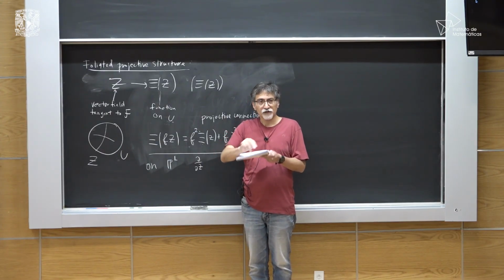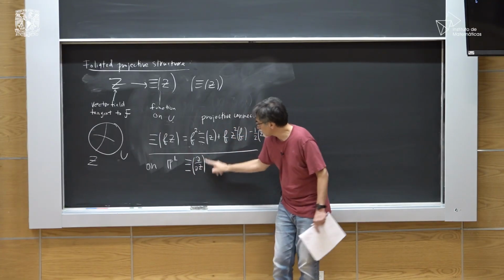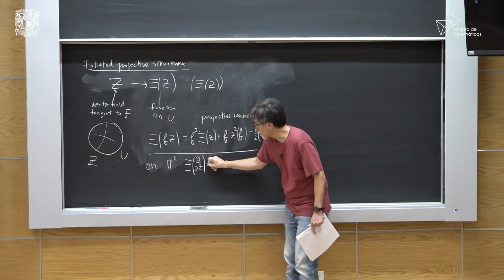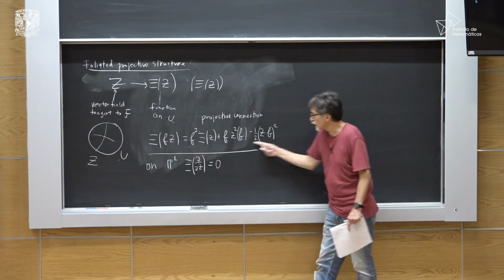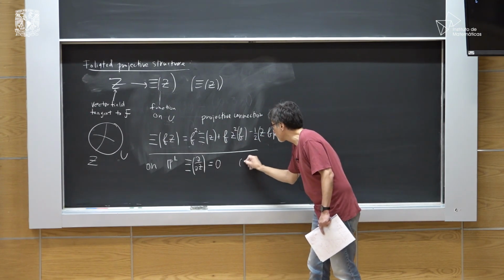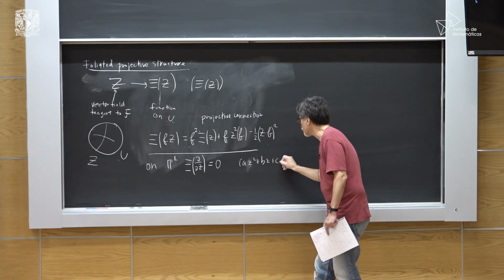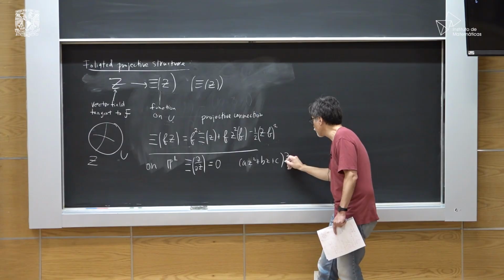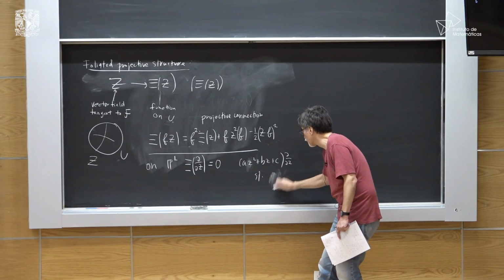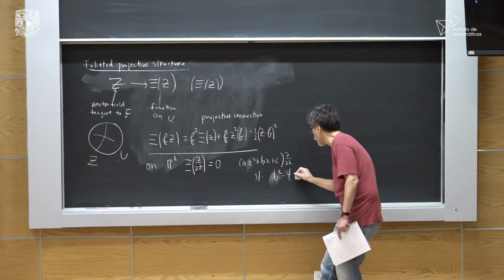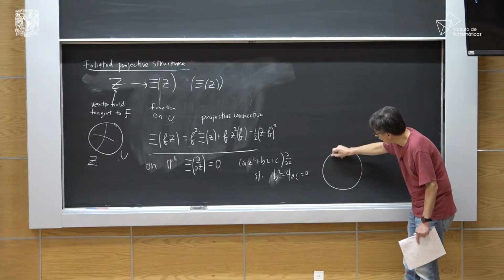Okay? As an example, on P1, this dz gives me a projective coordinate, and the other vector fields for which this expression vanishes are the vector fields of the form az squared plus bz plus c, with a, b, and c complex numbers, such that the determinant is 0.